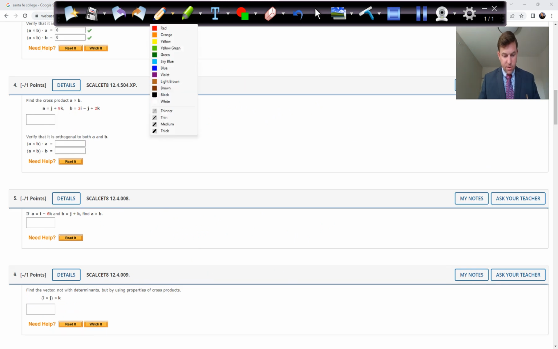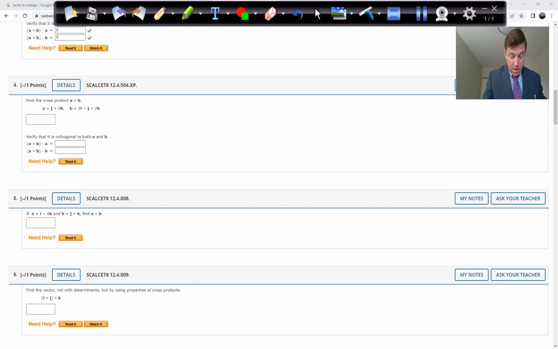It's very similar. We have the cross product between A, which is, notice there's no i component, so there's 0 here, 1j, so 1, and then 9 in front of k, so 9. The second vector is 3i minus j plus 2k, so minus 1, plus 2, so it looks like that.